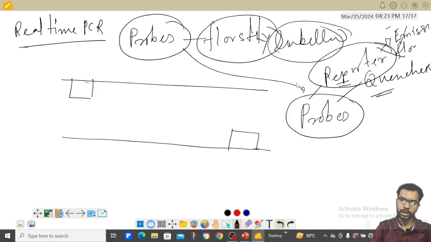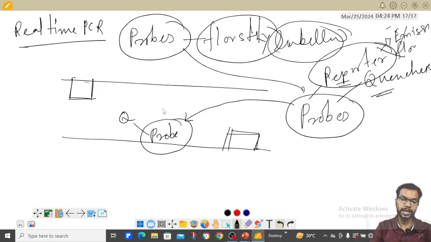So when the primers bind to the specific sequence, the probe will bind in between them. The probe will bind in between the forward and reverse primer along with the quencher and reporter molecule.